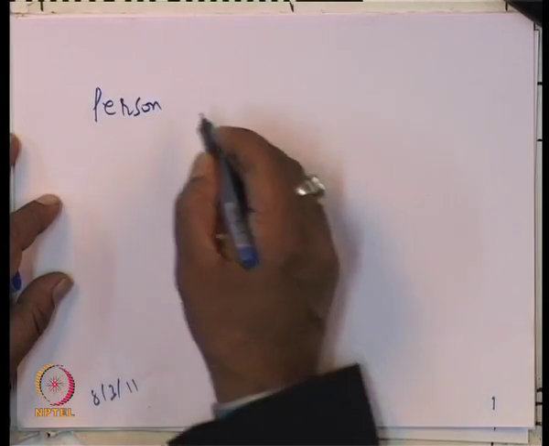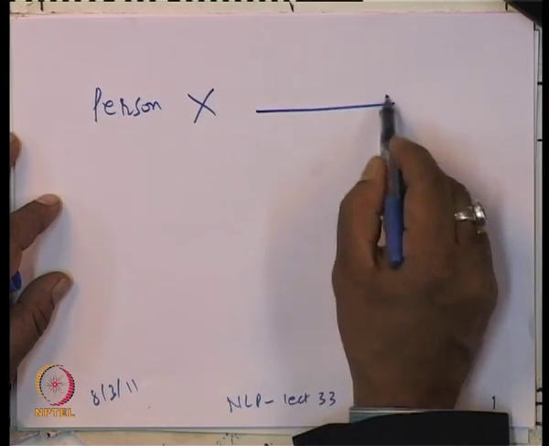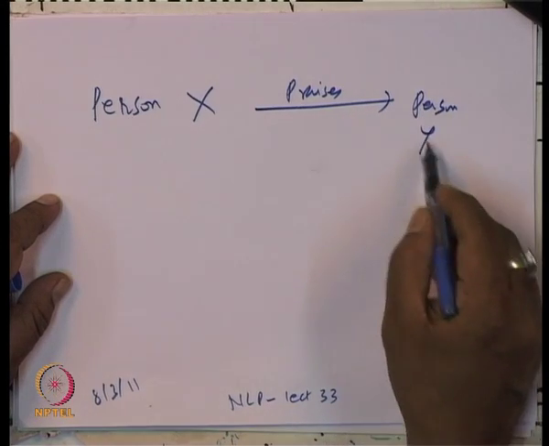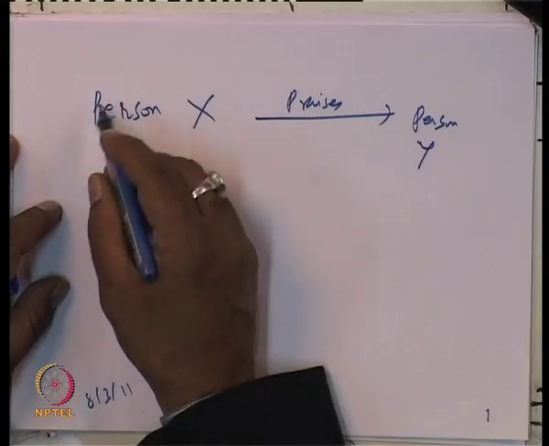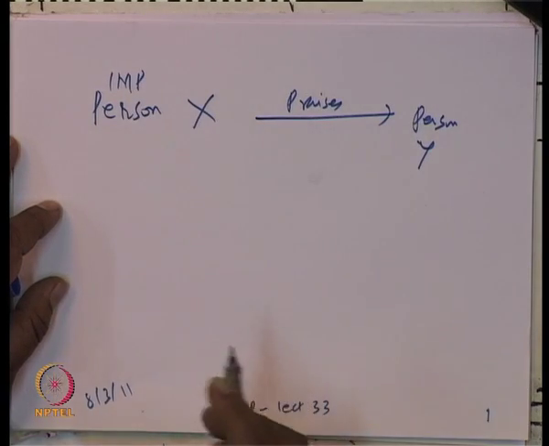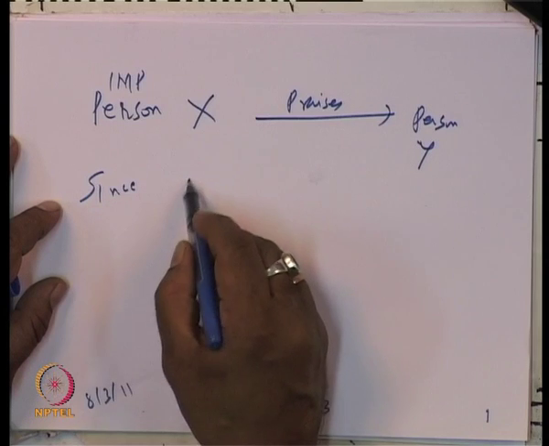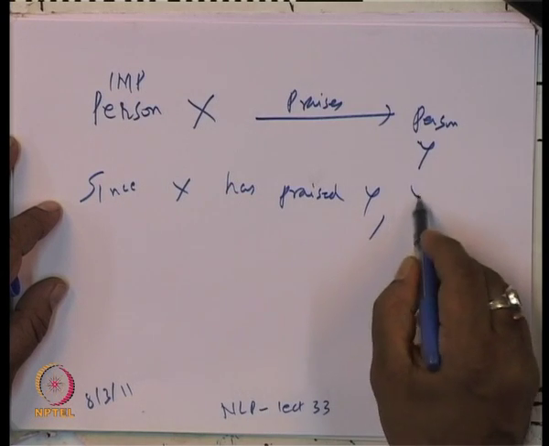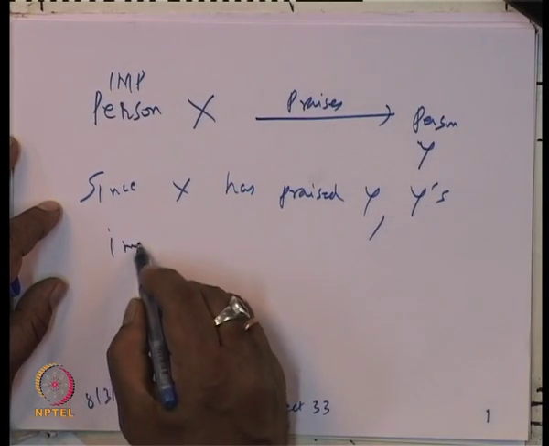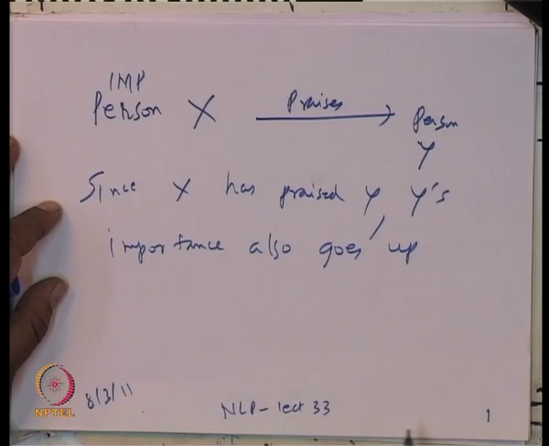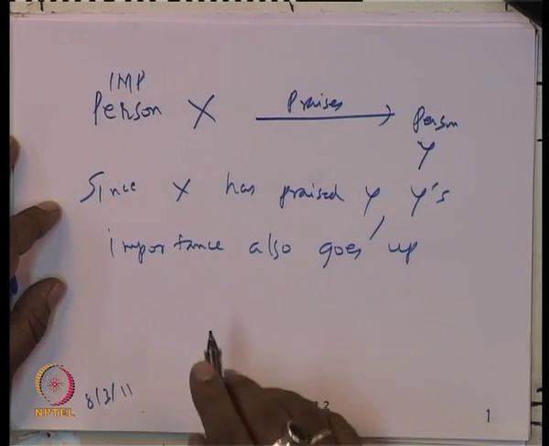So, person X praises person Y. Okay. And this person is not only a person, it is an important person. So, since X has praised Y, Y's importance also goes up.